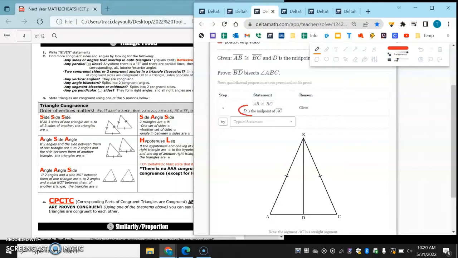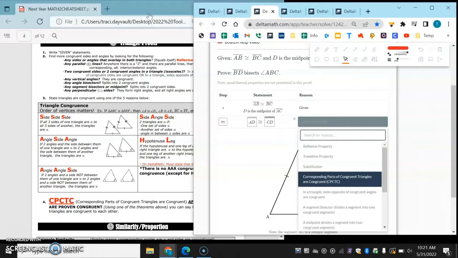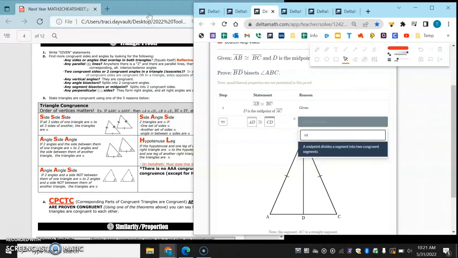If we use the fact that D is the midpoint of AC, what does that tell us? That tells us that AD and CD are going to be congruent segments because midpoint means it splits it into two equal parts. So AD and CD are congruent because of the definition of midpoint.